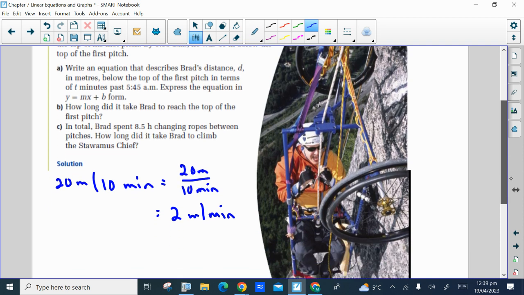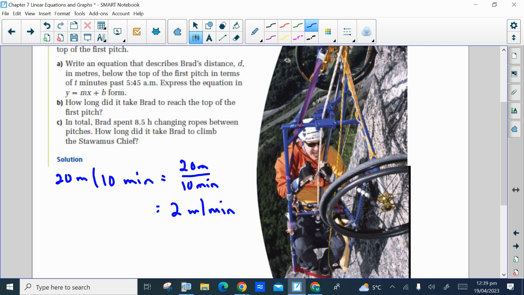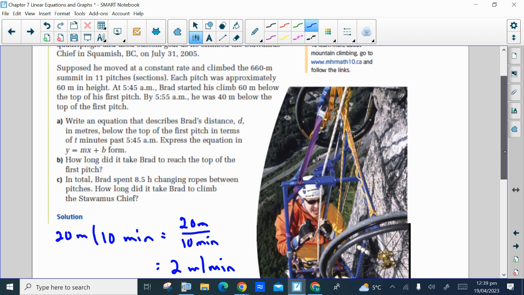And that rate we now know is 2 meters every minute. That's the rate of change. That's the slope, because that's what slope tells us. And we know that we can use a line to represent this scenario because he climbs at a constant rate. Okay? So that is the slope of this line segment.